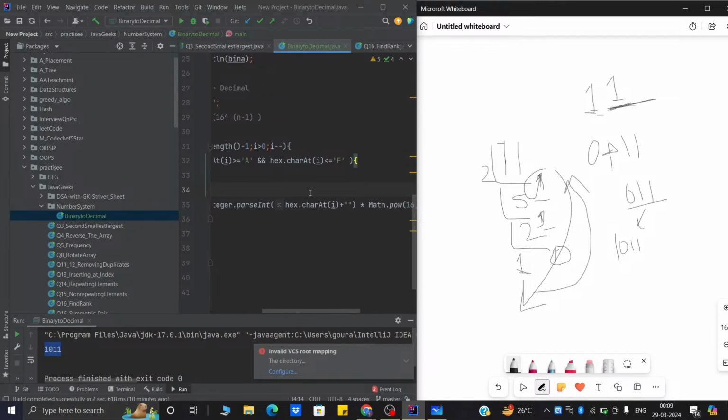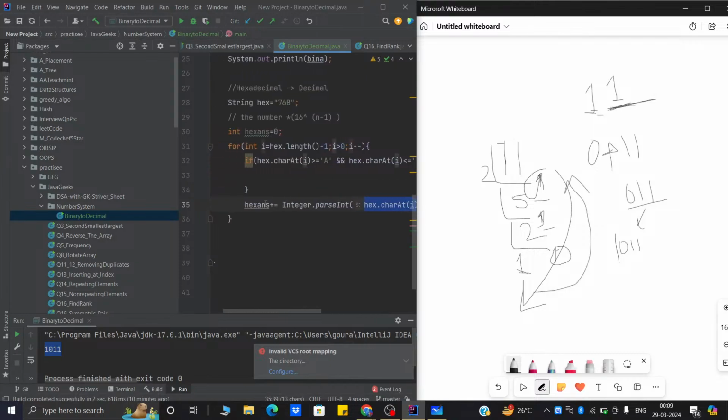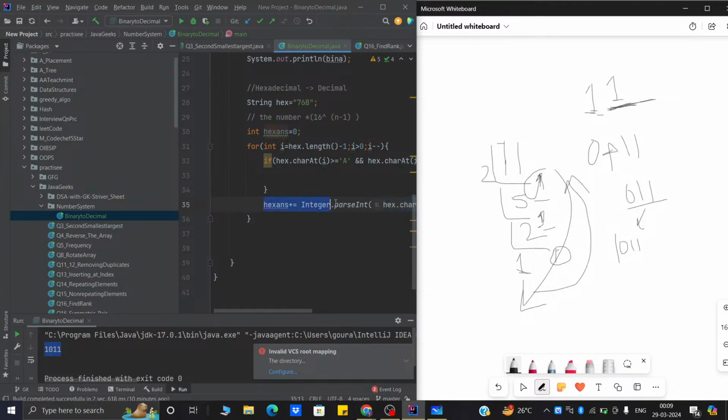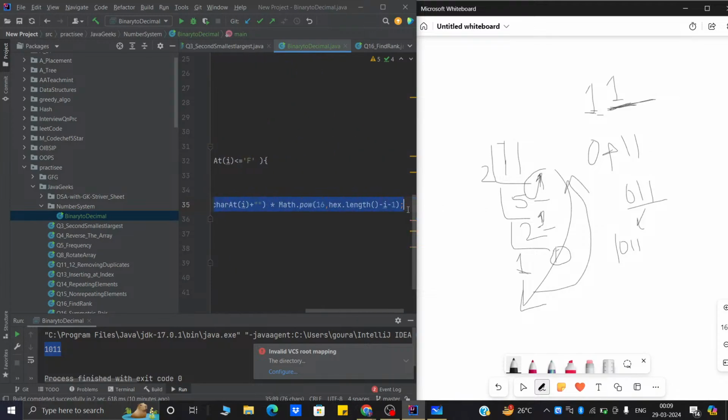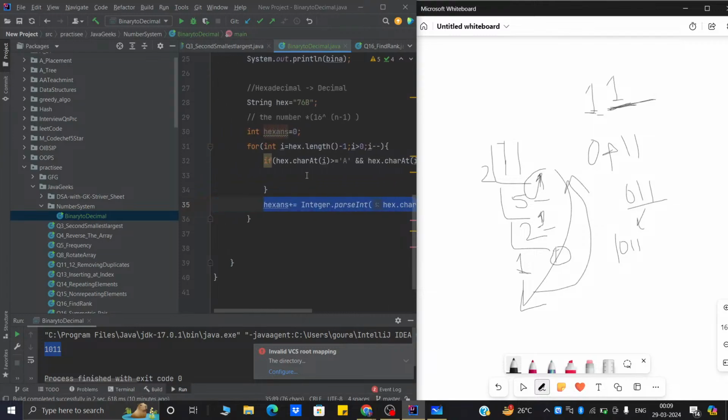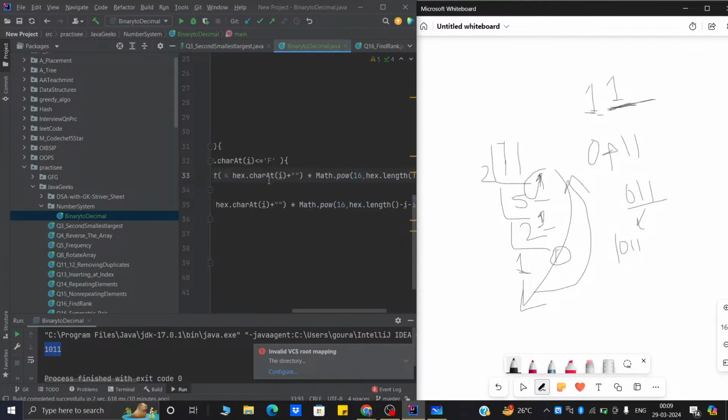This thing will change. Yes. It is a bit critical, isn't it? So this thing will change.